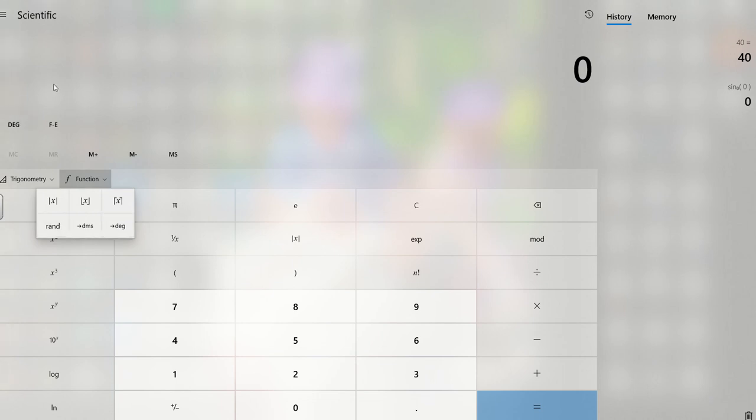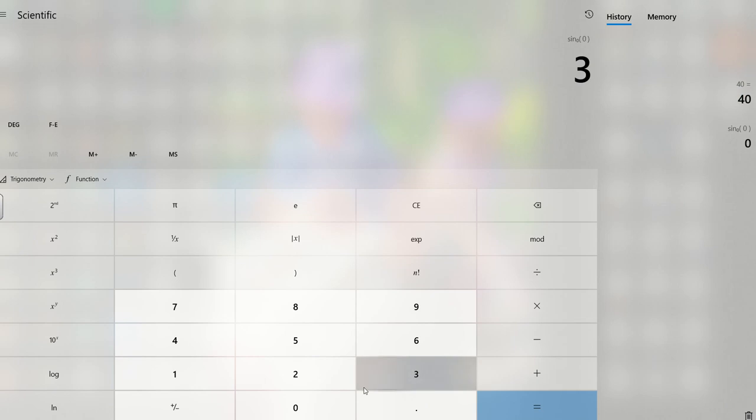So I'm in degree mode indicated by this DEG. If it's RAD, you just want to click it and make sure you're in DEG for degree mode. So again, I'm going to do the sine, 30 degrees, and then hit equals, and it gives me my answer is 30.